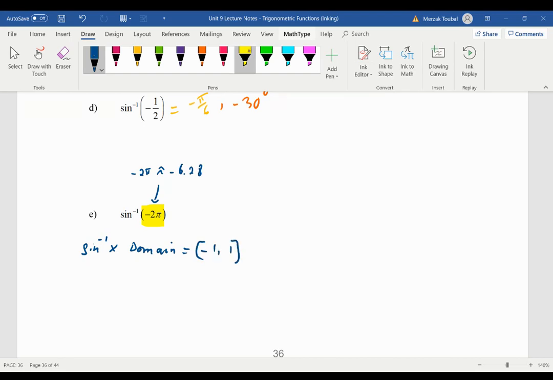So is negative 6.28 in the interval negative 1 to 1? No. Because it's not, this has no angle that corresponds to sine inverse of negative 2 pi. So we want to make sure that the input is in between negative 1 and 1. Anything that is greater than 1 or smaller than negative 1 wouldn't work for the sine inverse.